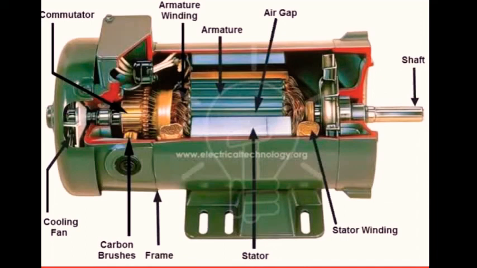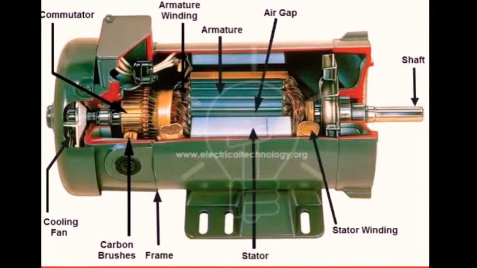At the stator or field we place a winding which is also known as field winding or stator winding, and there is a shaft where the rotor is mounted, where we provide electrical energy or get electrical energy.